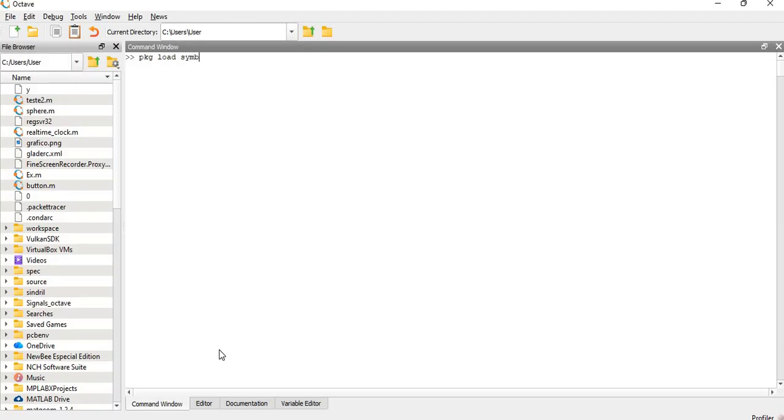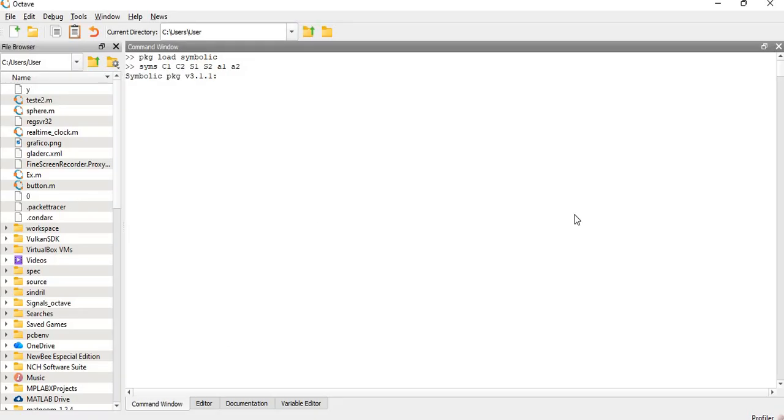So type pkg load symbolic, enter, and type syms. Now C1, C2, A1, A2. We also need S, so S1 and S2 also. And press enter.